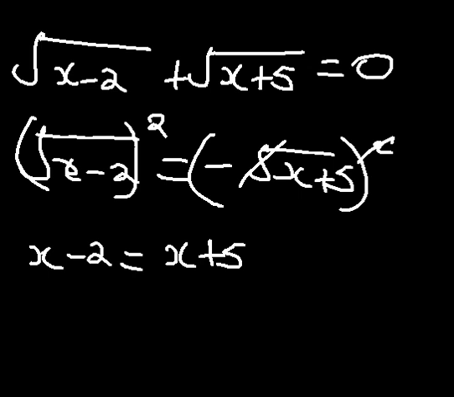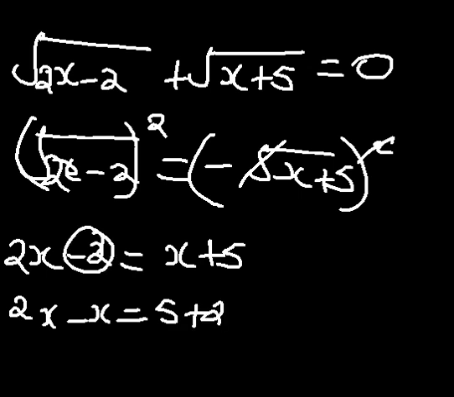But let's have, let's say, 2x here, and that would be more realistic. So we'll have 2x minus x is equal to 5 plus 2. Transferring the 2 to the other side will be positive. So in that case, x is equal to 7. So this is the solution.